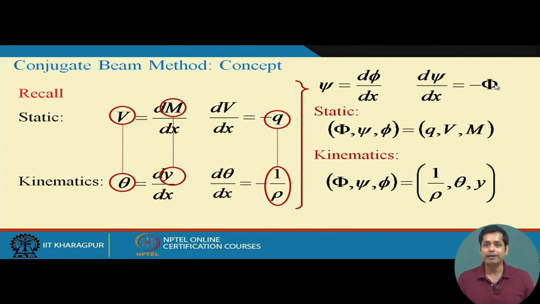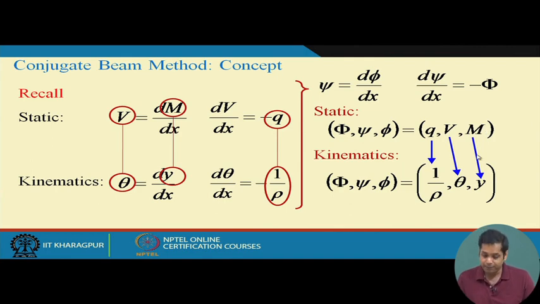Now, what point do I want to make here? If q is replaced by 1/rho, then V, the shear force, will be replaced by theta, and similarly moment will be replaced by y.